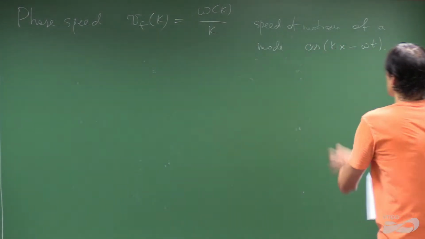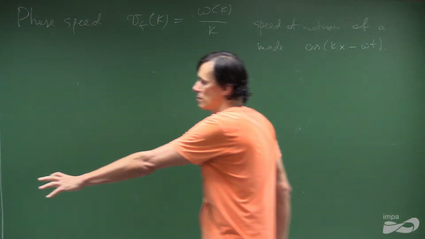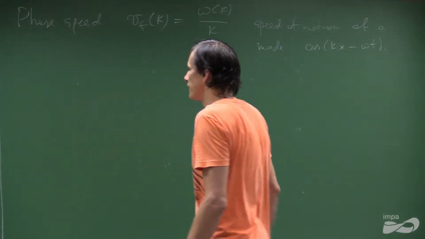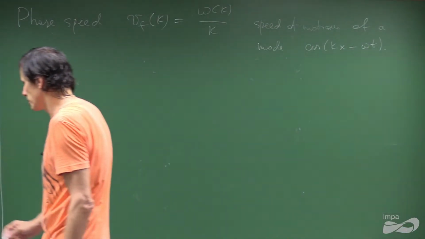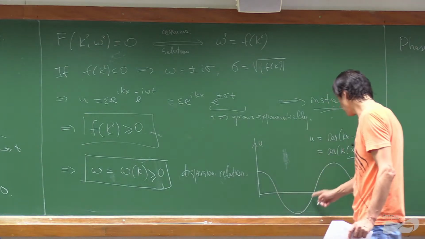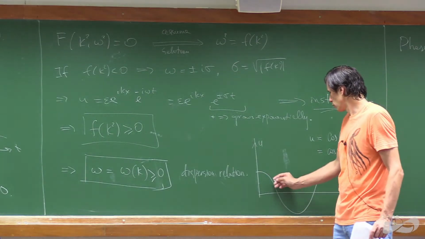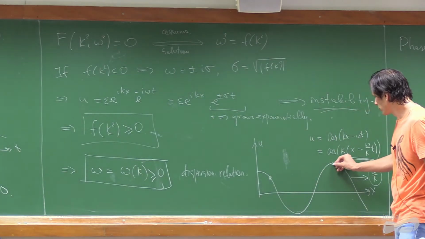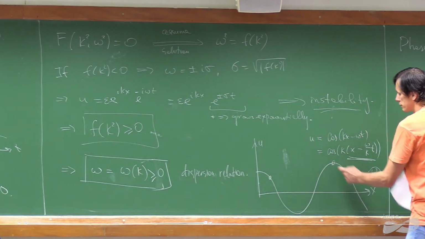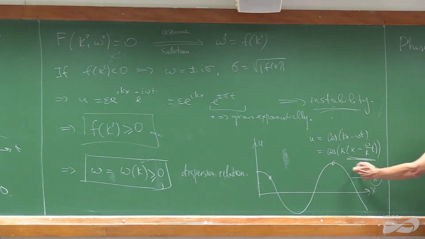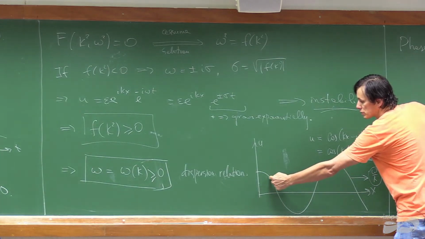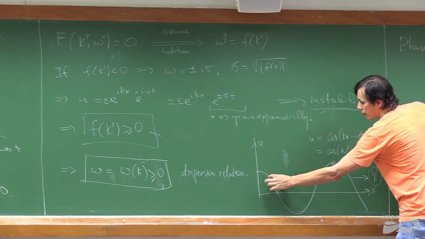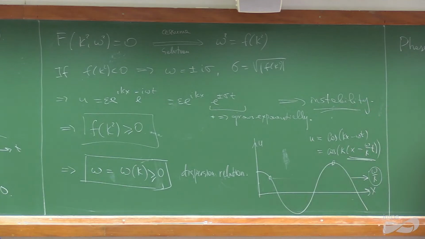The shape is moving with the phase speed. Why phase? Because usually the angle is called phase. So if you fix a point with a given phase, for example a maximum, then you'll see the maximum moving with the phase speed, or any point with a given angle will be translating with the phase speed in space.